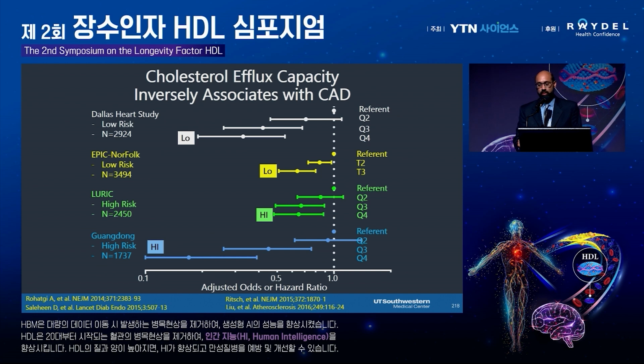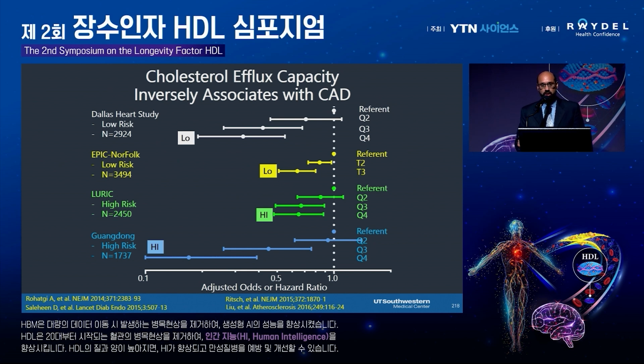From there, what was reassuring was that many studies recapitulated our findings across different populations, different continents, different labs assessing HDL function. So our study is in white at the top. This was a low-risk, healthy population showing an inverse relationship between efflux and CAD.